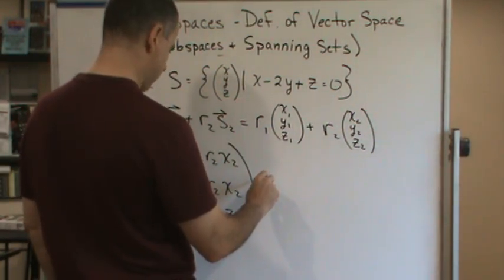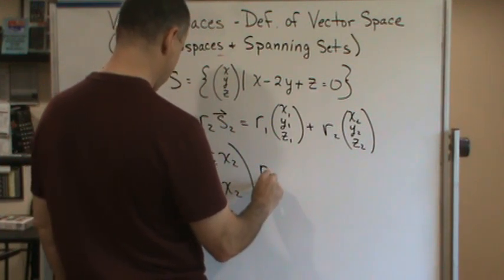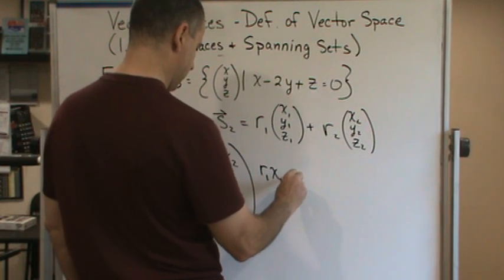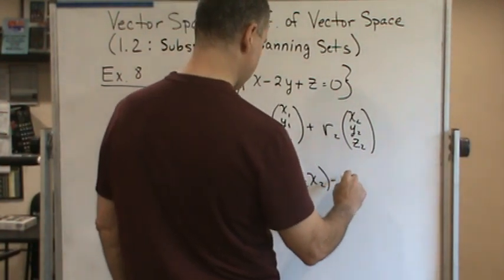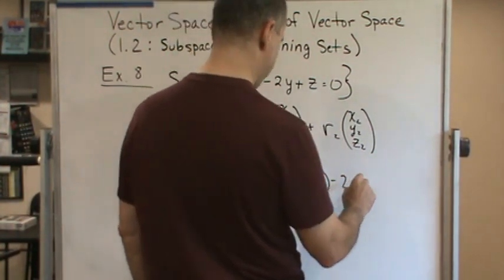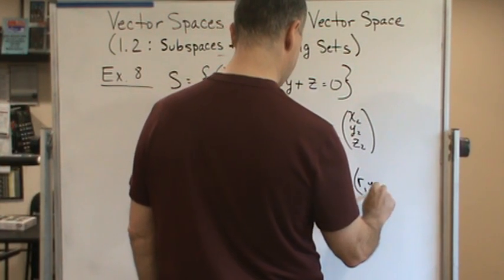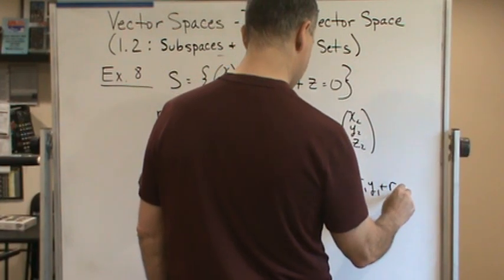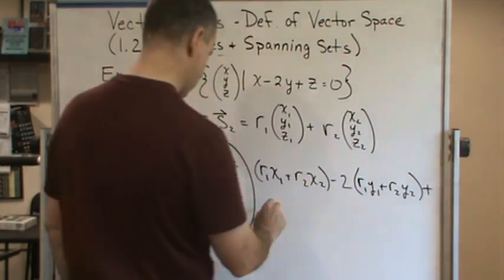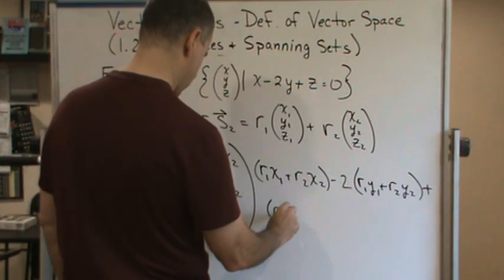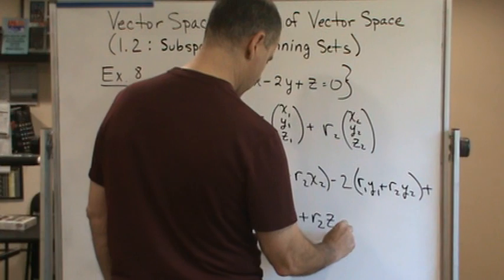Well, let's take R1 X1 plus R2 X2, minus 2 times R1 Y1 plus R2 Y2, plus R1 Z1 plus R2 Z2.